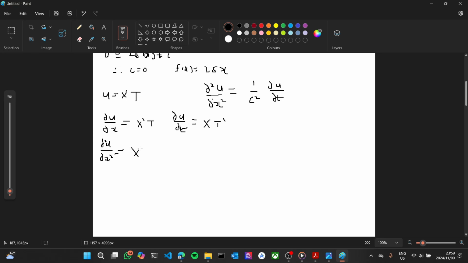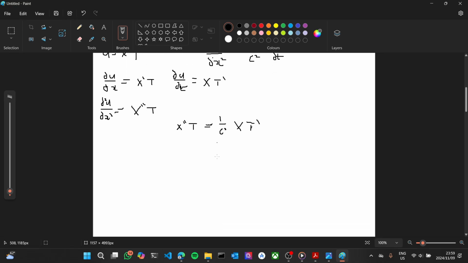And that's going to be x double prime t. We don't need to get the second partial derivative of this because it's only a first order differential here in the equation. So now we can rewrite this equation as x double prime t is equal to 1 over c squared multiplied by x t prime.